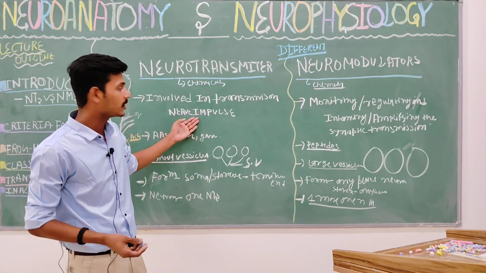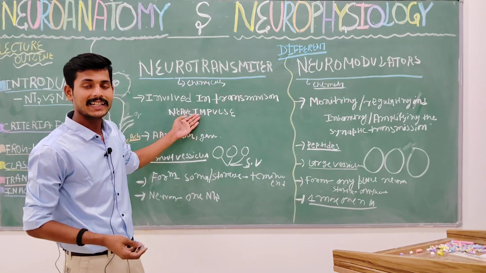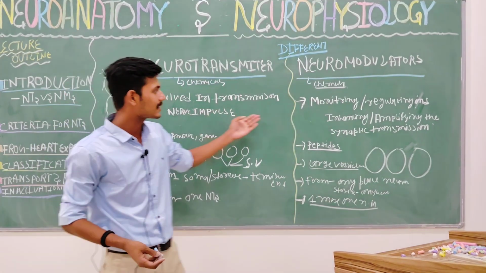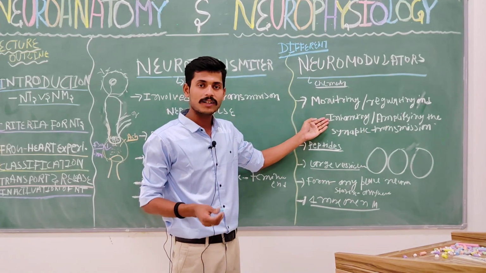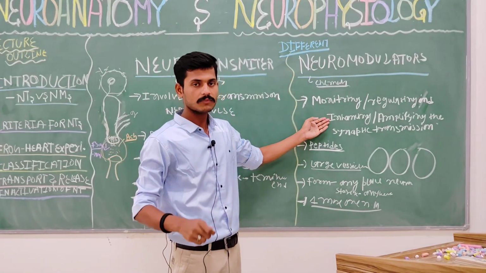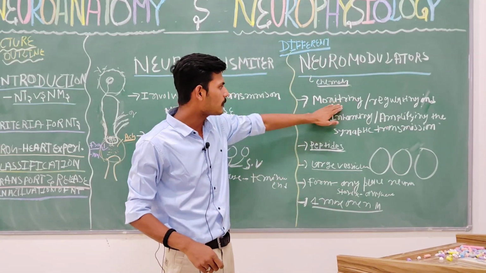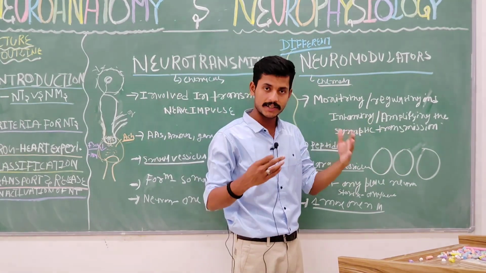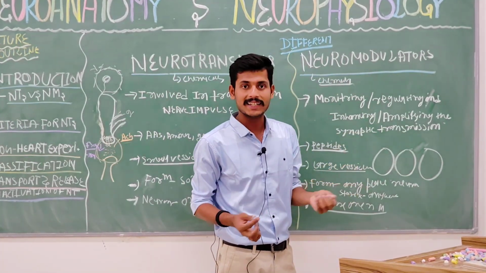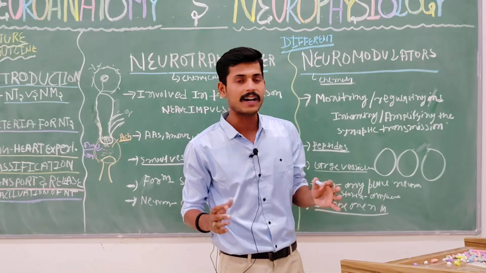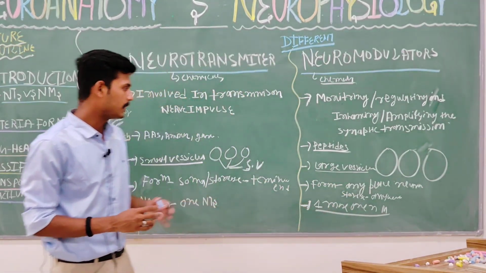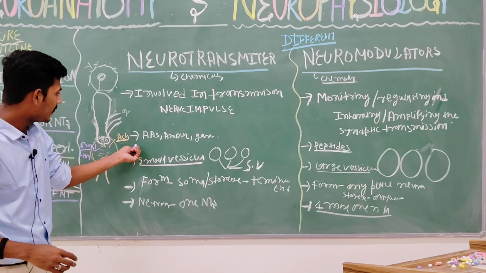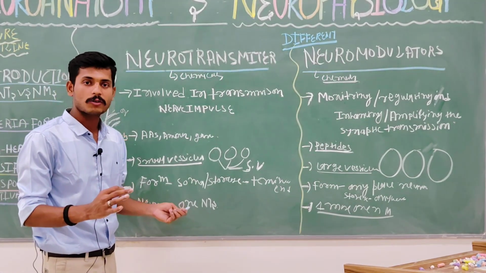The first difference is in their prime function. The neurotransmitter's prime function is that it is involved in synaptic transmission, whereas neuromodulators are not actively involved. They are only monitoring or regulating, either enhancing or amplifying the synaptic transmission. The second difference is about their chemical nature.